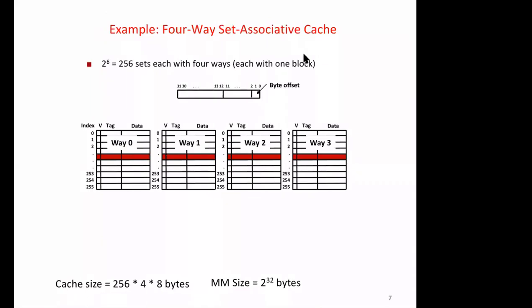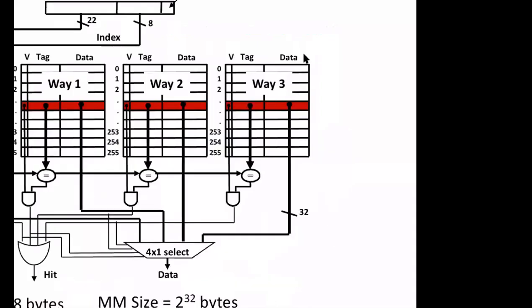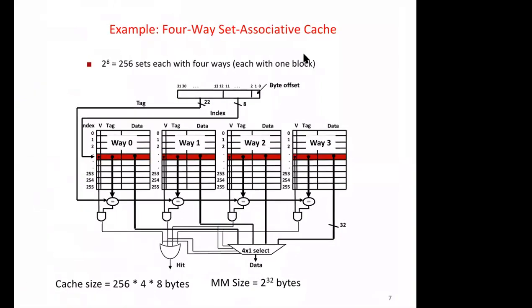Please go through this structure of cache organization. So we have a four-way cache. This diagram is different from what we studied earlier, but you can see each of these is a set: zero set, first set, second, third, and so on.